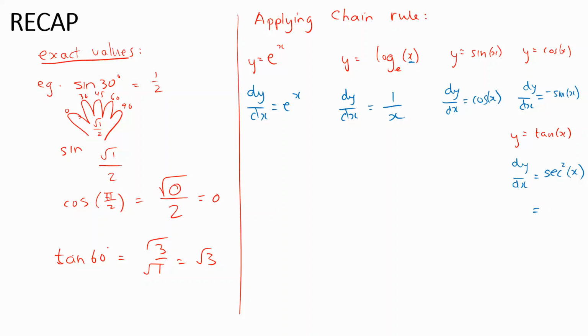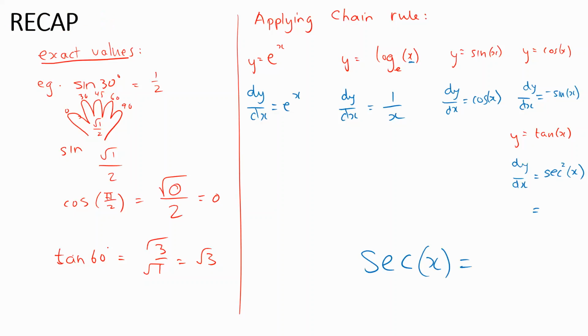Now sine over cos is tan. I want to know what sec of x is. So when I say sec of x, what's the ratio again? What's sec of x again? So if I just said find sec of pi on 2.